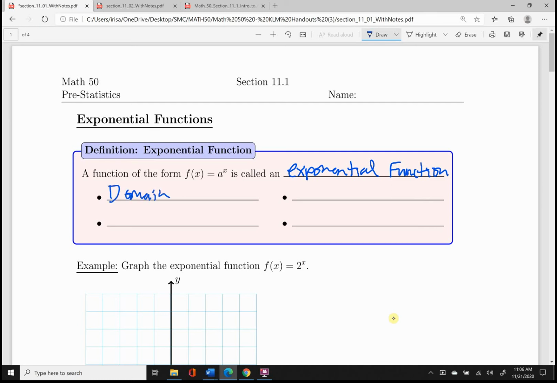You could put anything you want in for x. But the range, the output that you can expect with this parent function, and by that I mean no vertical or horizontal shifting, is all positive numbers.